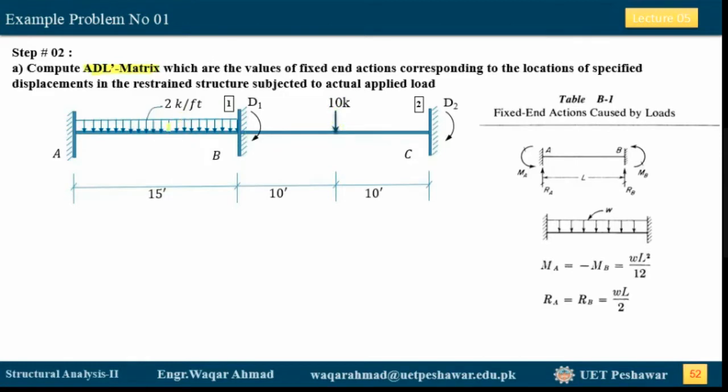This is the first type of load, which is acting on these members. The second type of load is in terms of displacements. We have a rotation of 0.002 radians here at this support, and also we have a settlement of 1 inch at this support.